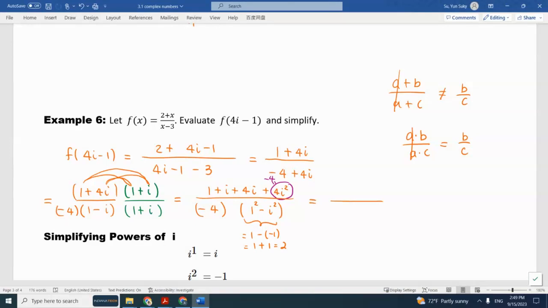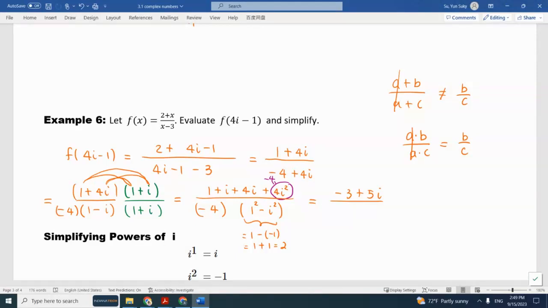Look at the numerator. 1 minus 4 is negative 3. How many i? 5i. Yes, everybody? Denominator.